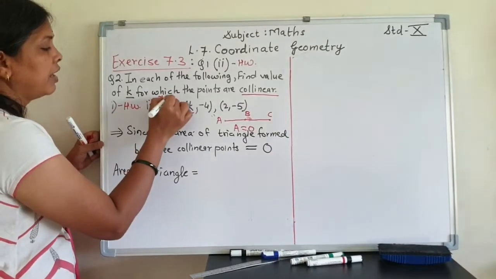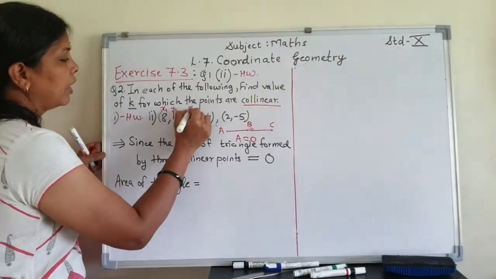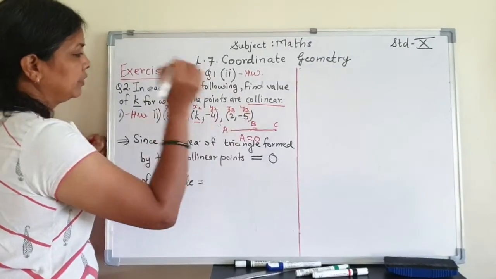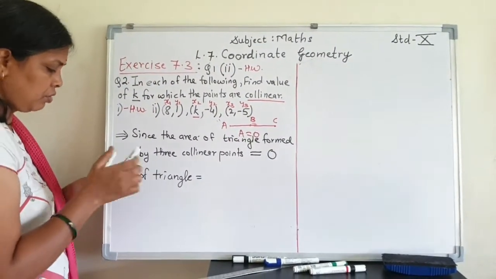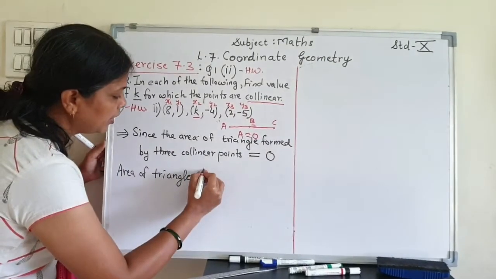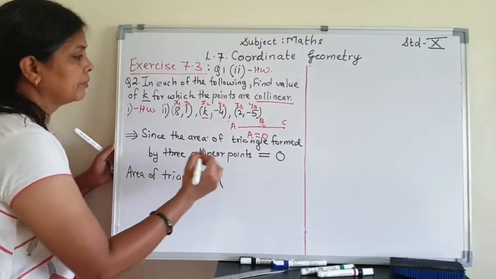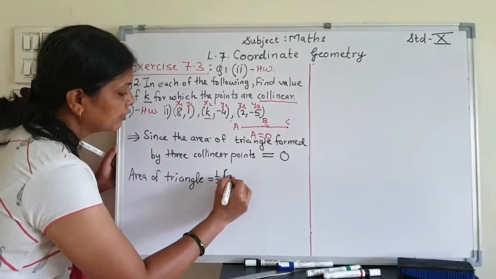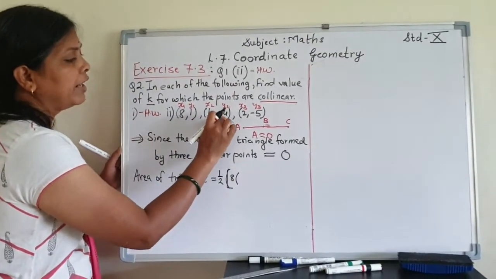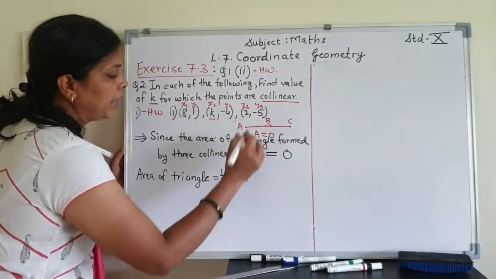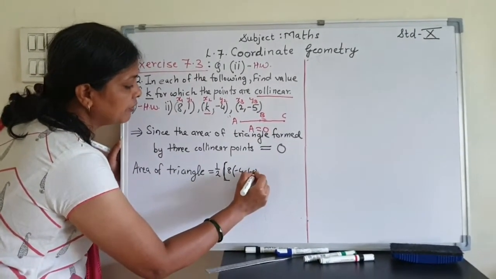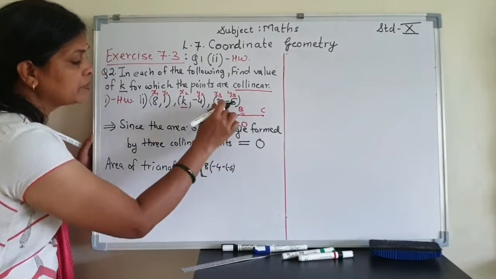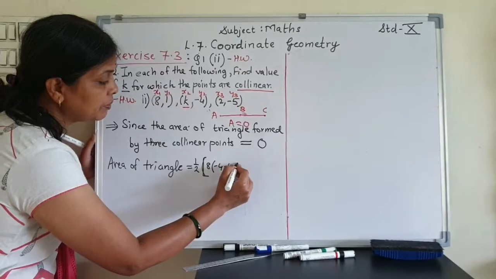number this. This is x1, y1, x2, y2, x3, y3, right? So now we will put the values here. Half of x1 is 8 into y2 is -4 minus 5. See, be careful when it is minus here outside and this minus is there, you have to put this in bracket.